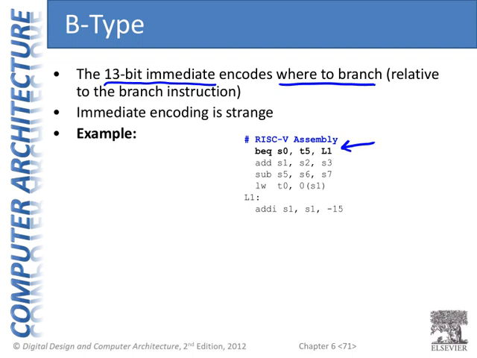So branch if equal here, well, we don't need to know if it's equal, but if it is, we need to know where to branch to. In this case, we want to branch 1, 2, 3, 4 instructions past the branch if equal instruction. So here's our label L1 we want to branch to, and that's 4 instructions past the branch if equal.